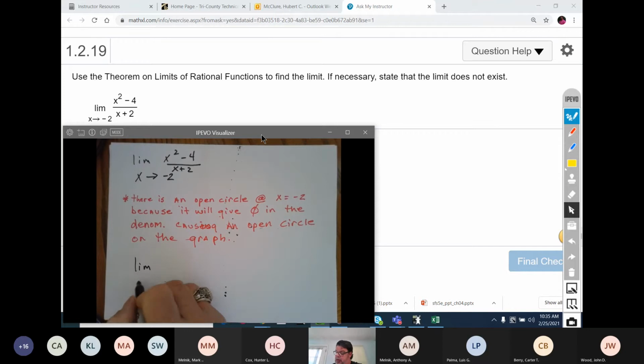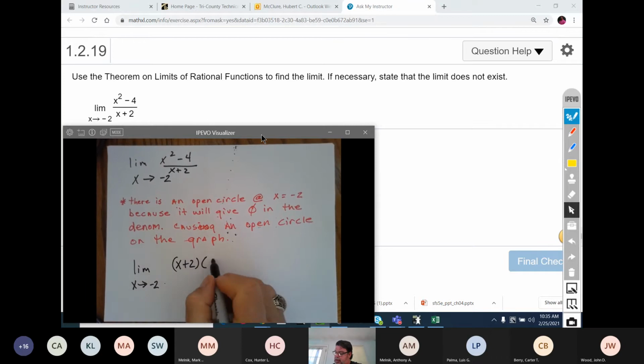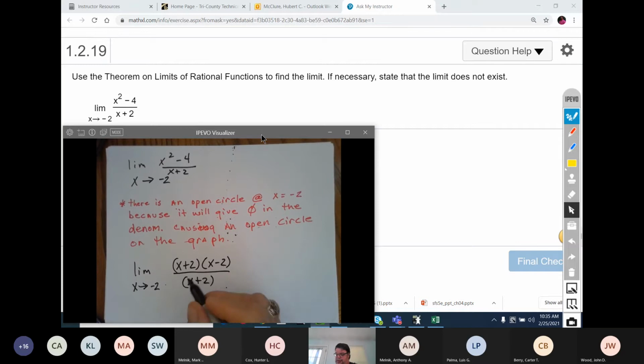Limit as x approaches -2 of (x plus 2)(x minus 2) over x plus 2. And what happens to the x plus 2s? They cancel.